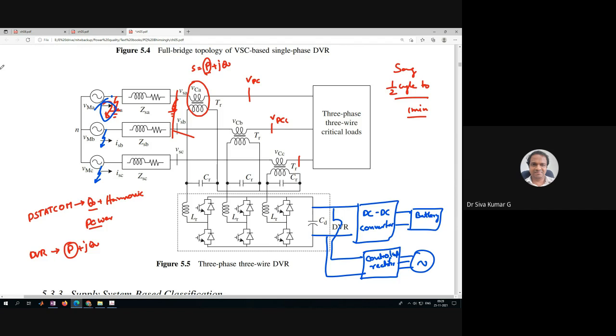Suppose you develop a control methodology of a voltage source converter for injecting the voltage to correct the load voltage or the point of common coupling voltage. If you want to know how it is functioning, then you can charge the capacitor from the source itself. In real time, if you are implementing it, then you should have some battery, or another source to charge the capacitor.